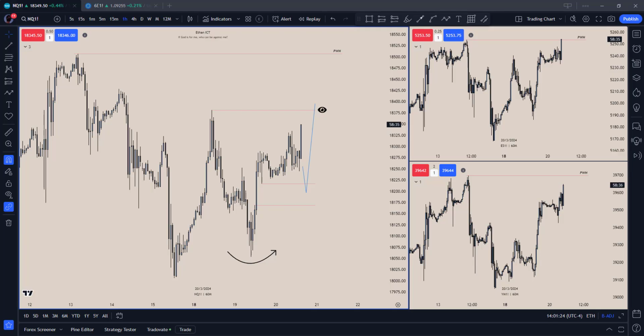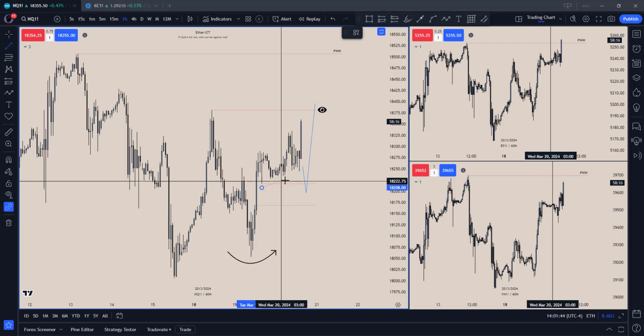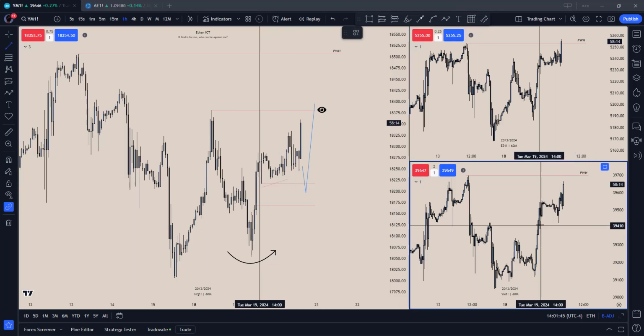I think that we're not actually going to get to dig into our hourly fair value gap. We're most likely just going to run for the target if this is how it's playing out. And a little something that I actually missed, now that I see, is that SMT on the low with YM.